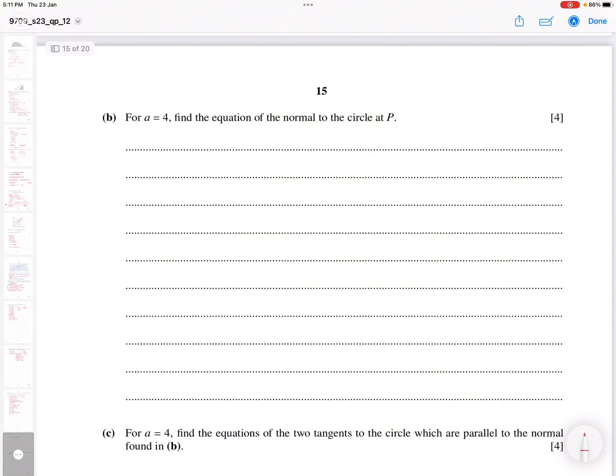In our b part, for a equals 4, find the equation of the normal to the circle at P. So let me make a small diagram for it. Suppose this is my circle and I make a normal over here. Our coordinates of the center are 4, 3, and my equation was y equals 1 over 2x plus 6.